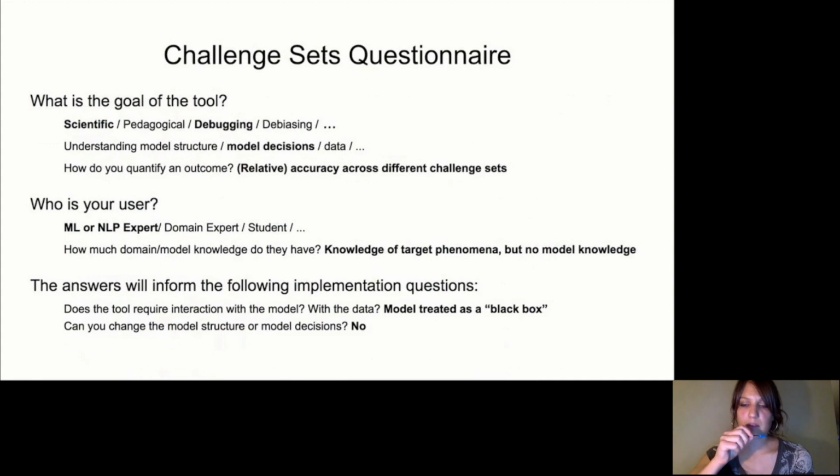You really can just look at input and output pairs. This is, like I said before, something that makes it really easy to interface with linguistics and psychology and cognitive science, and people who might be studying language from outside of NLP and who don't have a deep understanding of how these neural nets work. So there's a pretty low barrier to entry to using challenge sets.